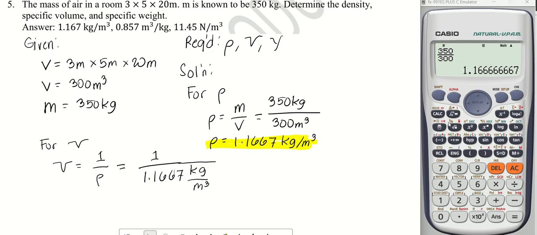So 1 divided by 1.1667, the answer is 0.8571. The cubic meter is transferred to the numerator, so our unit becomes cubic meter per kilogram. So this is our answer.